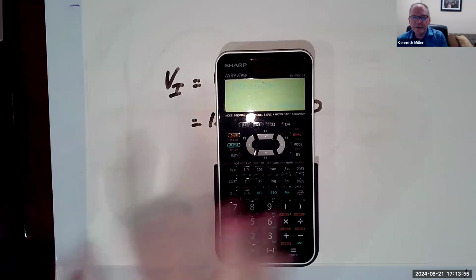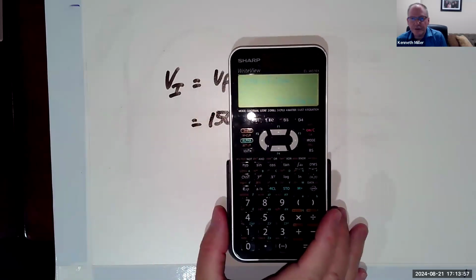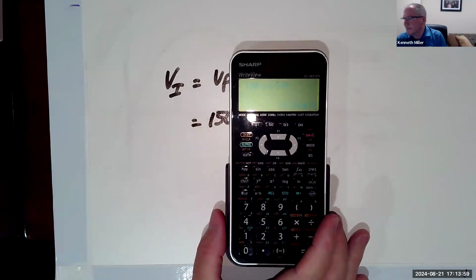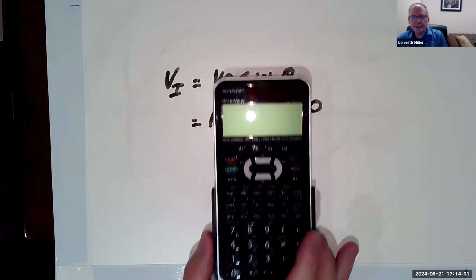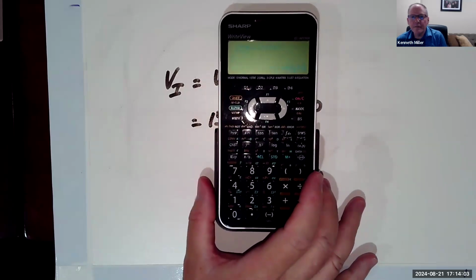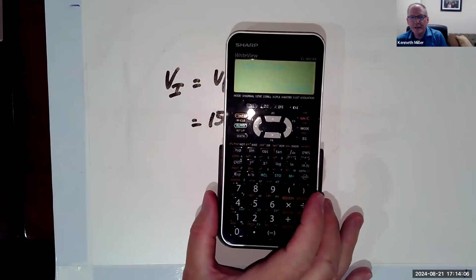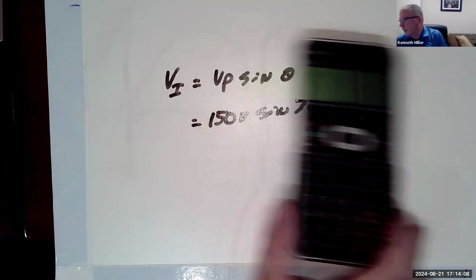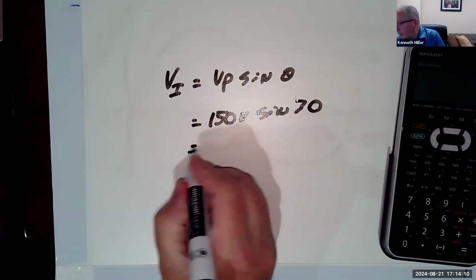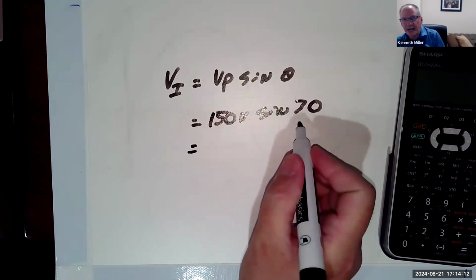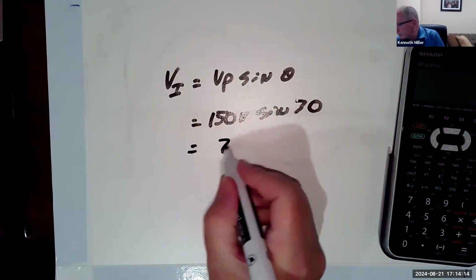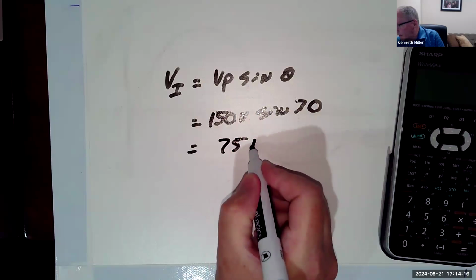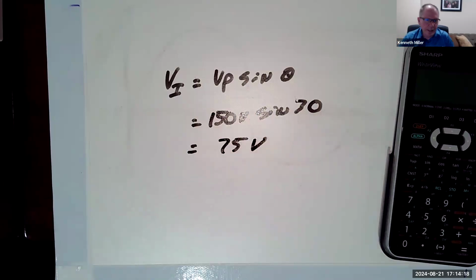And it comes out to 75 volts, right? Hopefully you can see it. I need to find a spot where that value is a lot easier to see. But here it is, 150 times the sine of 30. So that's 75 volts.